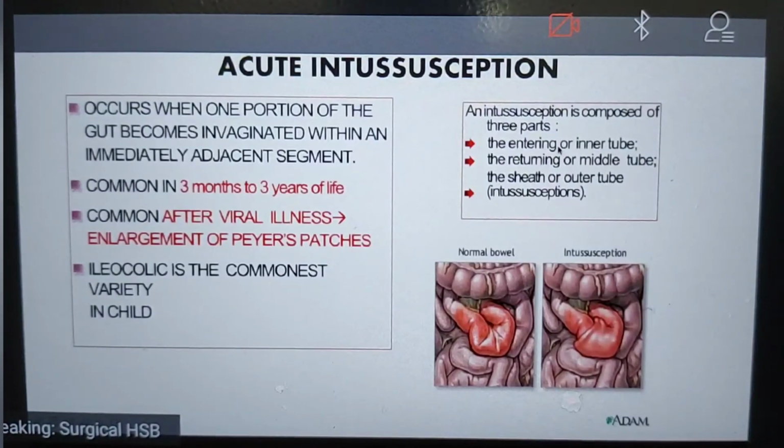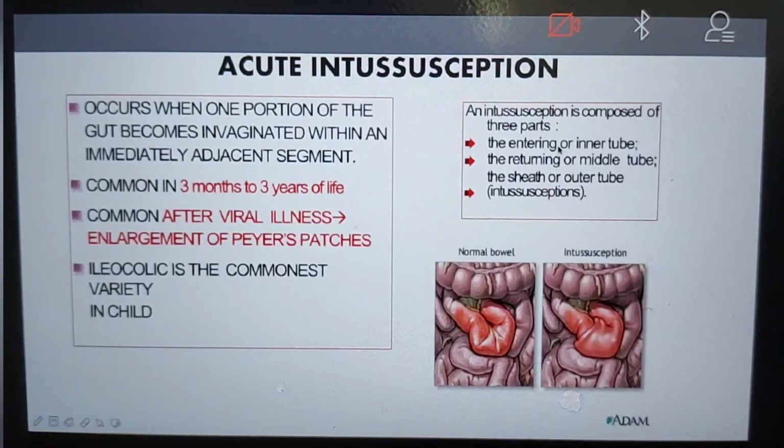Another diagnosis when a patient comes with intestinal obstruction can be acute intussusception. It occurs when one portion of the gut becomes invaginated within the immediately adjacent segment, usually between the small intestine and the large intestine.